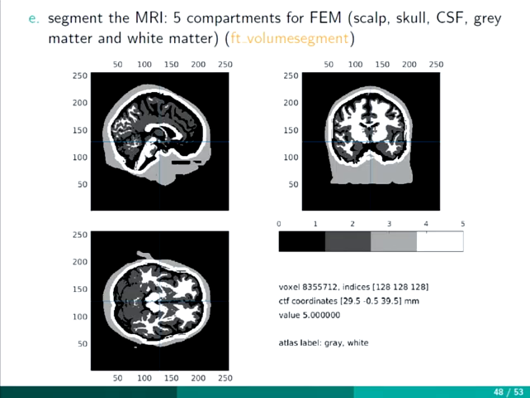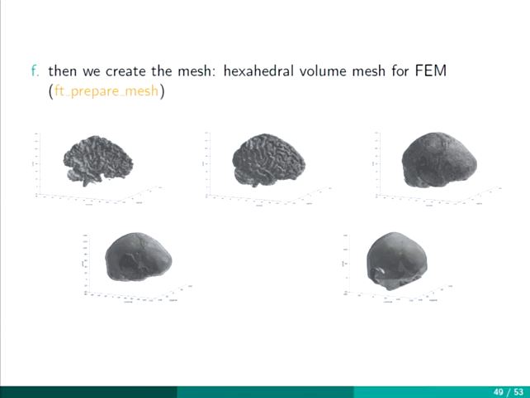So the skin, the skull, the CSF, gray matter, and white matter. And this is with the same function, ft_volumesegment. And from that, we can create the mesh. So these are 5 volumetric meshes identifying each compartment. And this is the mesh that we will use for the EEG or MEG forward model solution.